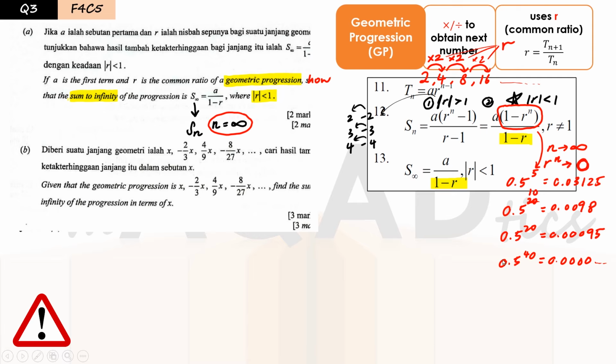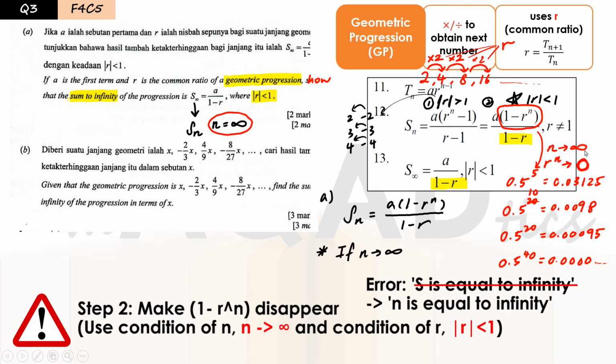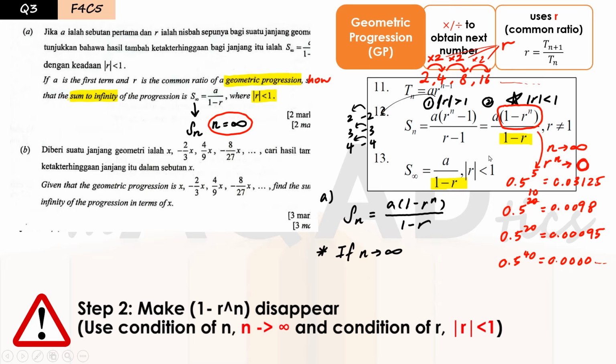What are our workings? First thing first, we need to state the formula of Sn we are using, which is this one. Just now we mentioned that when n equals infinity, and if we use this condition, modulus r less than 1, what will happen? The r^n will approach 0. Let me rub off a bit, sorry.